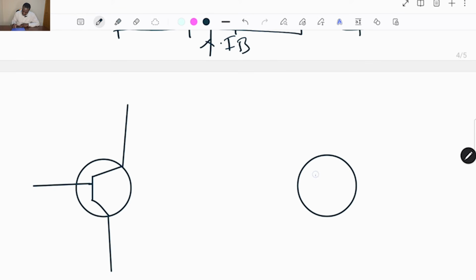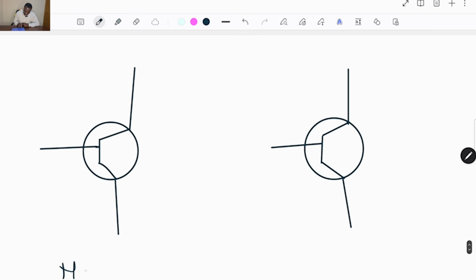The symbol is drawn using the direction of current. You can see that the current tends to leave the emitter. So here is our emitter, and the current is leaving. So that's for NPN. The next one is PNP.